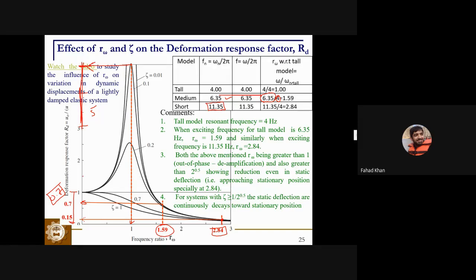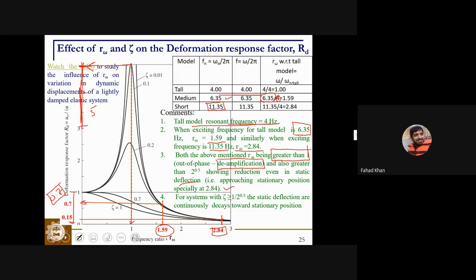Here are the comments. Tall model resonant frequency of 4 Hz. When the exciting frequency for the tall model is 6.35, R omega is 1.59. And similarly, when the exciting frequency is 11.35 Hz, meaning when the short structure is vibrating, R omega will be equal to 2.84. Both the above mentioned R omega values are greater than 1, meaning the structure is out of phase, and so there will be a de-amplification of the system, and also greater than square root of 2, showing reduction even in static deflection, that is approaching stationary position, especially at 2.84.